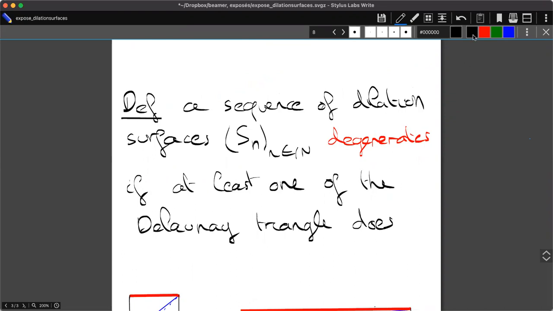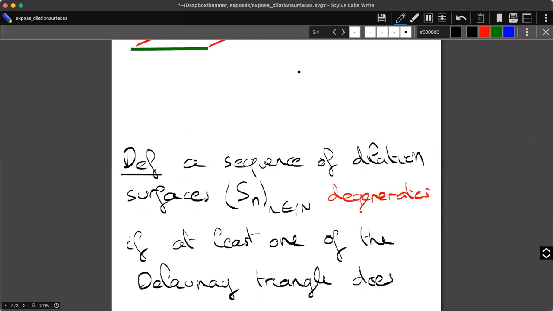So what could it be for a triangle to degenerate, for an affine triangle? So an affine triangle is just a triangle like this, but up to an affine transformation. So for example, since it's up to affine transformation, you can always suppose that the largest side of the triangle is 1.